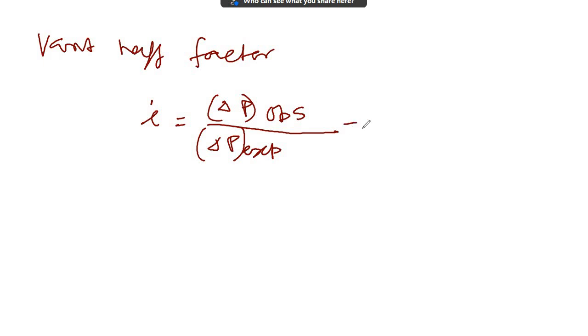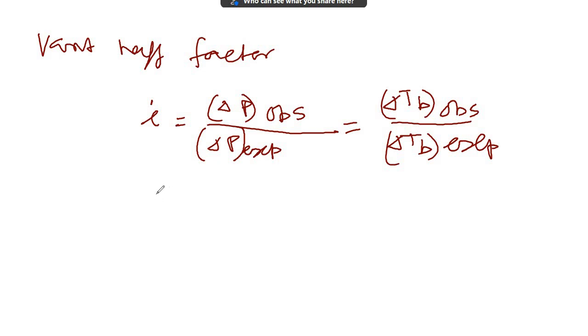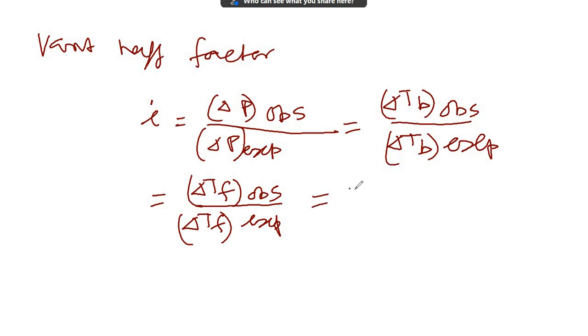This is equal to delta TB observed over delta TB expected, equal to delta TF observed over delta TF expected, equal to pi observed over pi expected.